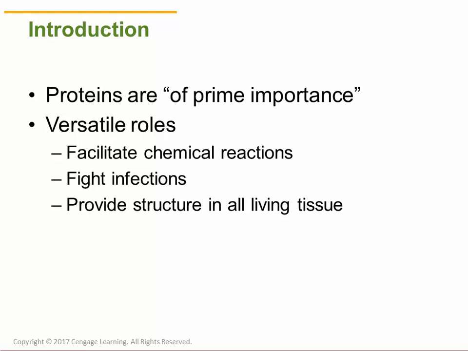Also, it is part of the structure of all living tissue. We are made up of protein. Protein can be in the form of our muscles. It can have other functions within the body that are not part of the muscles as well.